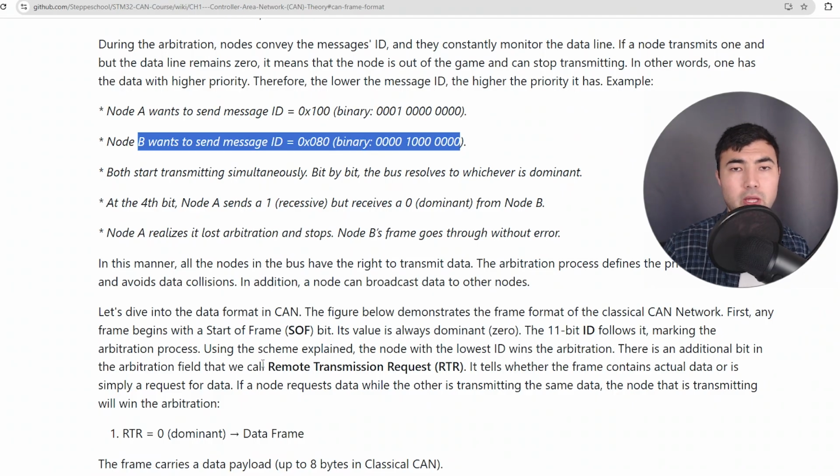So most probably the message to the braking system should have the ID with the lowest value, so it can win over other nodes. But it doesn't mean that we cannot send the data to the lighting. It just needs to wait for other high priority messages to be transmitted. Then it can take the data line and transmit the data eventually. So this is how it works.